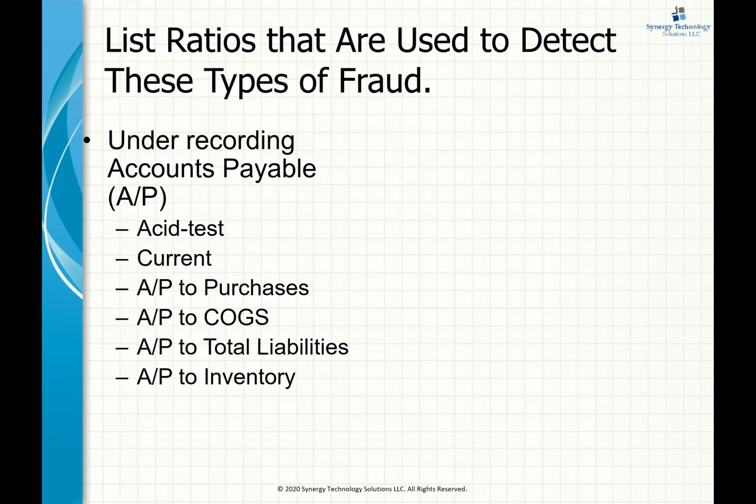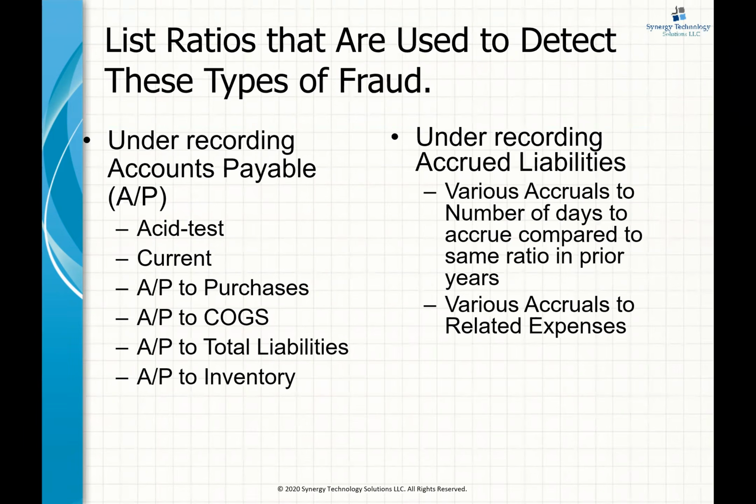These ratios will give you a good indication if there is an under-recording of accounts payable. And especially if you have a trend, then you'll see if something unusual is going on.